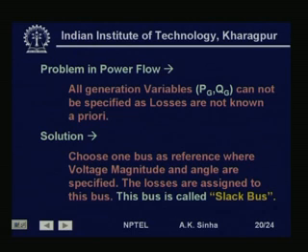Now, what is the problem in formulating or solving this equation? Well, one of the problems that we face when trying to formulate this power flow problem is that all generation variables Pg and Qg at all the bus bars cannot be specified. Why can we not specify the generation at all the bus bars? The loads are known. We can say that we can give the generation also to satisfy this load.